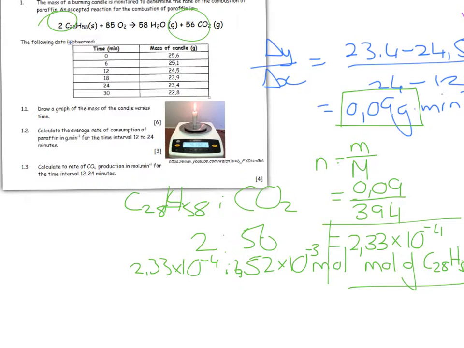The question they wanted is the rate of production in moles per minute. So this was the mass per minute that was used of paraffin, which means that this number of moles per minute was made of carbon dioxide. So if you want to write it out again, 6,52 times 10 to the negative 3 moles every minute.